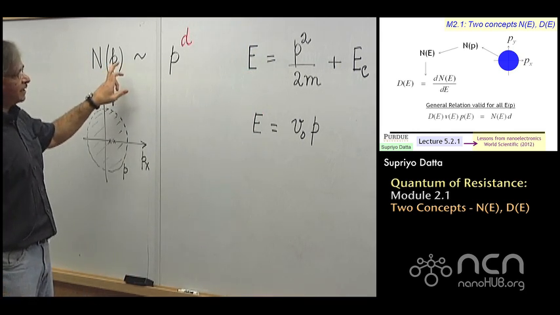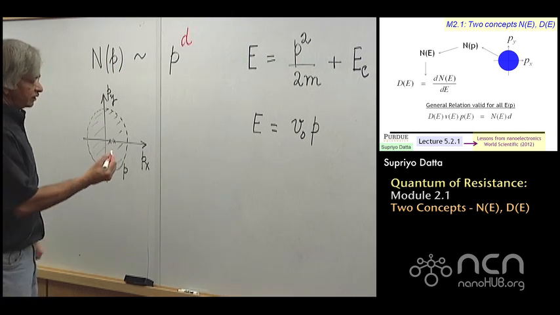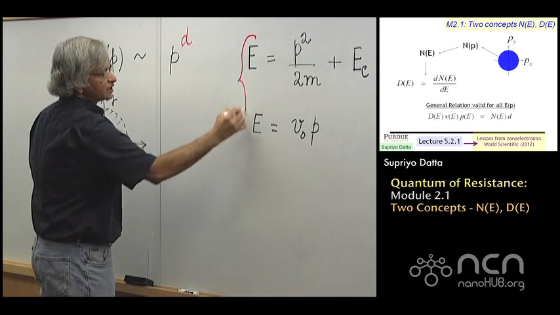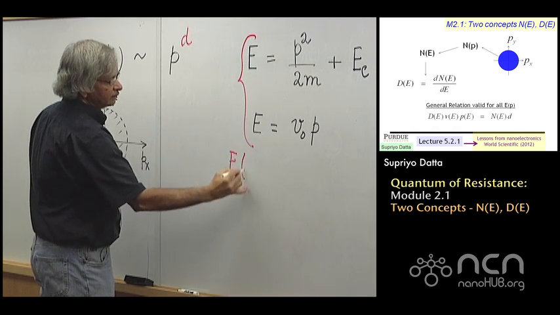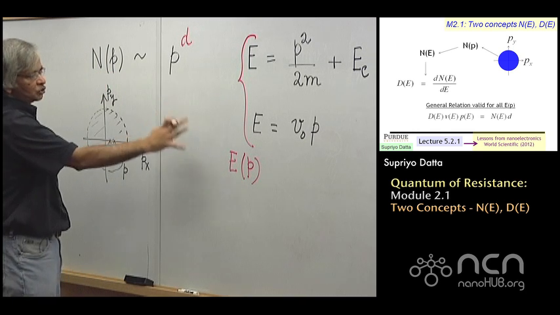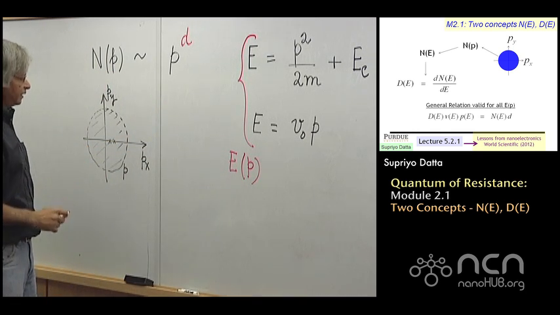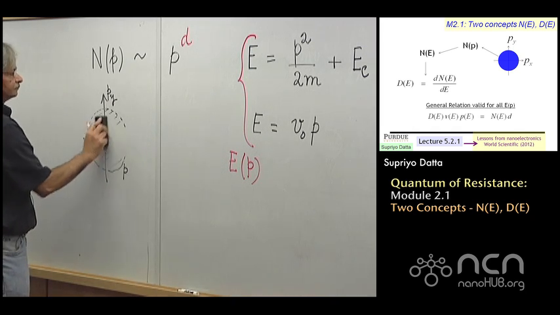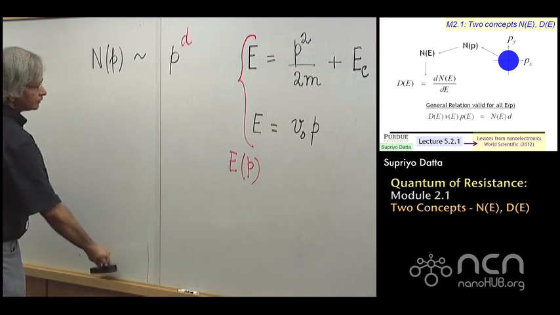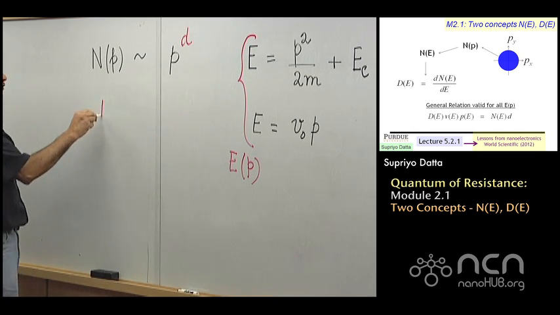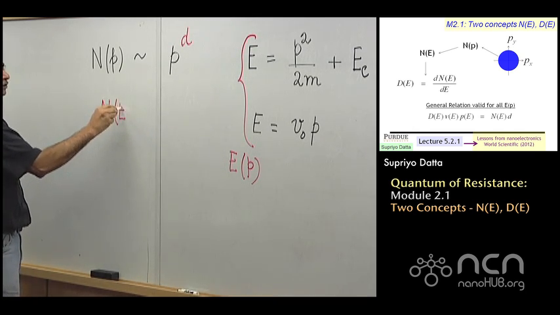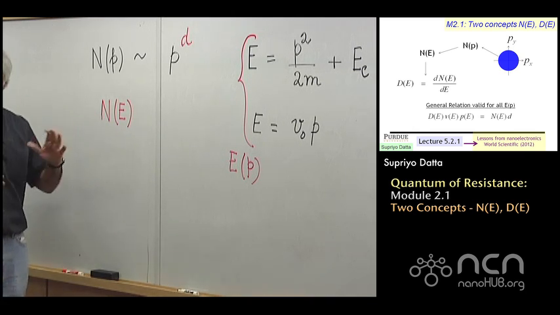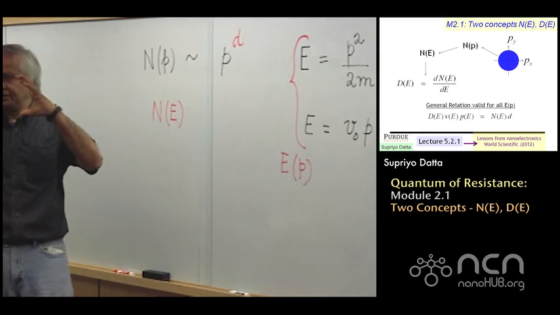And what we'll do is combine N of P with this E of P. So in general, we have some energy momentum relation, and we can combine those two things to obtain N of E. What that tells you is, how many states do we have up to a given energy E?